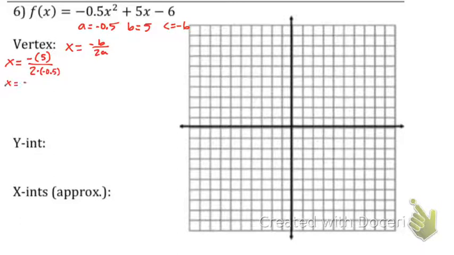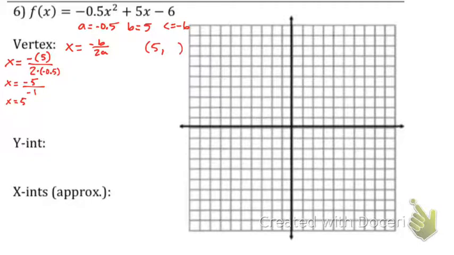We have -5 on top, and 2 times negative 0.5 is -1. And then -5 divided by -1 gives x equal to 5. So my vertex has a 5 for the x value.